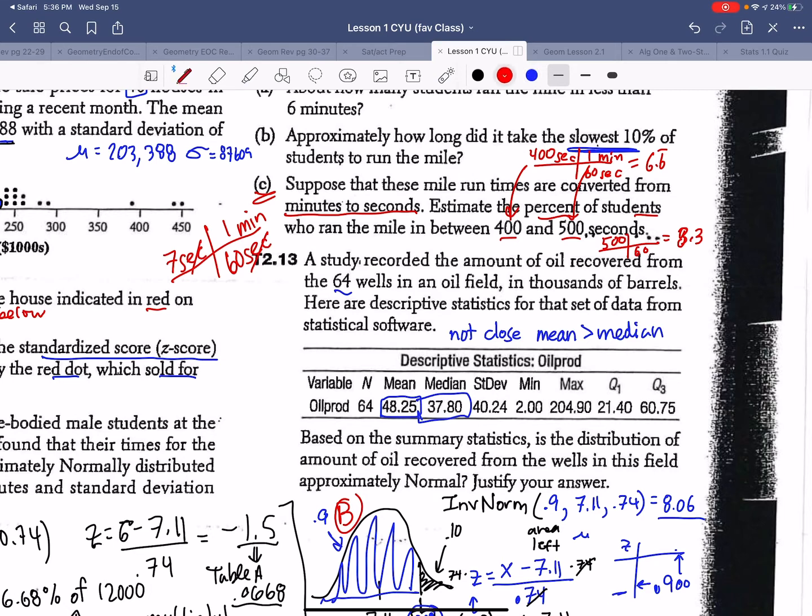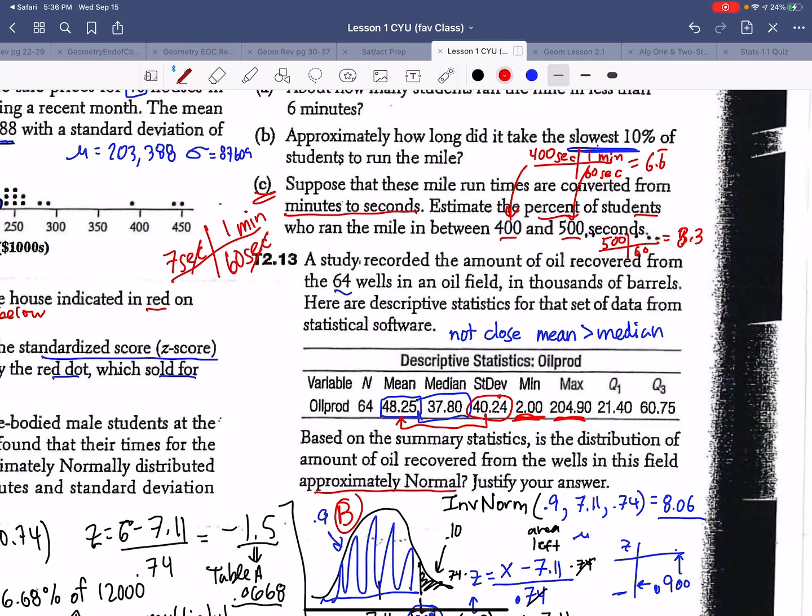We also want to look at, or can look at, the standard deviation. How far is the standard deviation from the left and from the right? And is it equal on both sides of the min and the max? So even though we don't have all the data points, we actually have quite a lot to figure out if it's normal, because we can kind of figure what kind of shape it has.